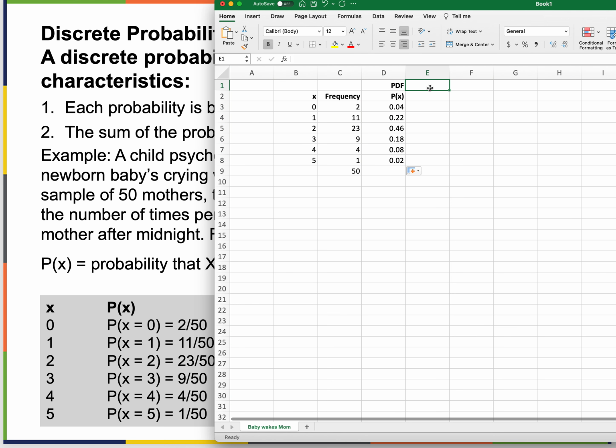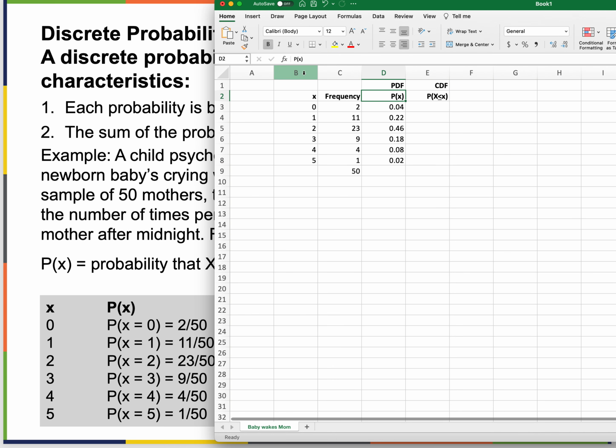Now I'm going to do the cumulative density function. And the difference here is that this is the probability of big X being less than little x. And it's not only less than, it's less than or equal to, so I'll underline it.